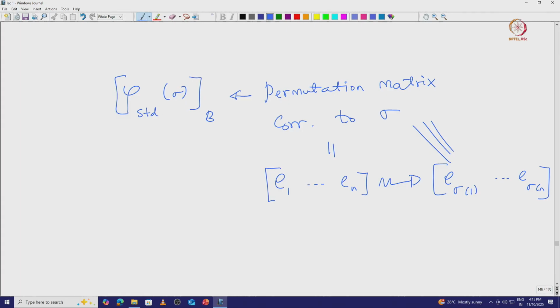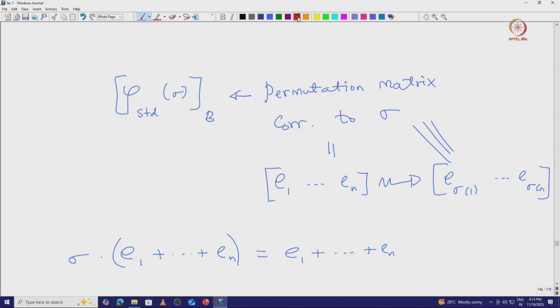So, now note that if we take the sum of all basis elements and apply sigma on this, we will get back the sum of these Eis, because sigma is just going to permute 1 to n.